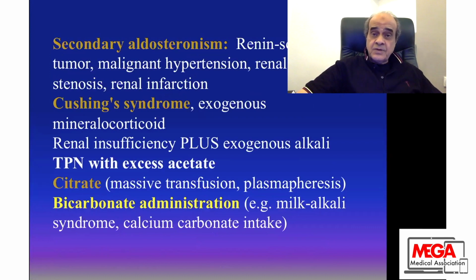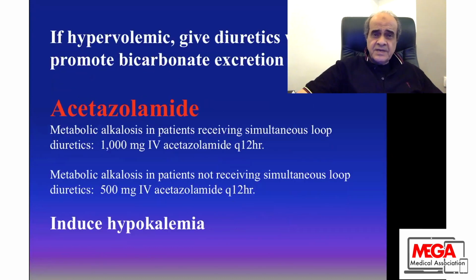Secondary aldosteronism also, renin secreting tumor, malignant hypertension, renal artery stenosis, Cushing syndrome, exogenous mineralocorticoid, all these precipitate non-responder metabolic alkalosis. TPN with excess acetate and citrate, with massive transfusion and plasmapheresis, bicarb administration. All these may not respond to saline and they need another management.